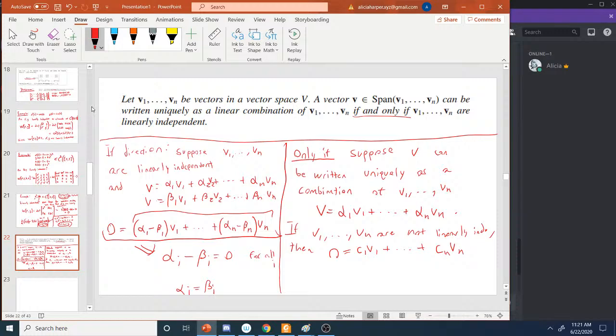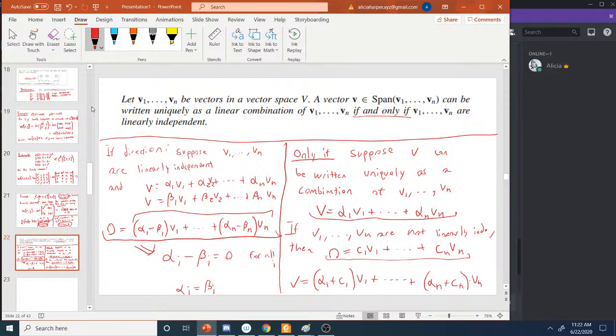But what we can do is take this relation and this relation, and add them together. If we do that, we get V is also equal to alpha 1 plus c1 times v1 plus and so on, alpha n plus cn times vn.